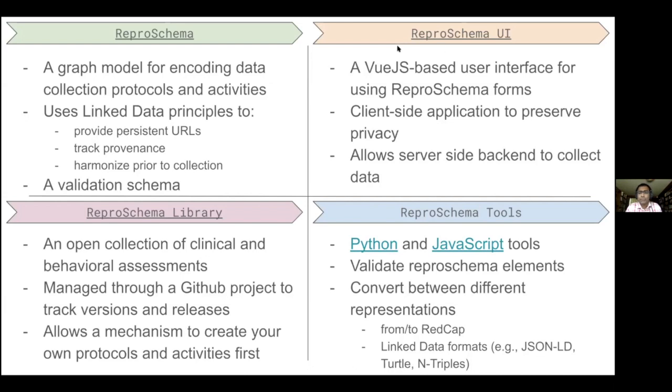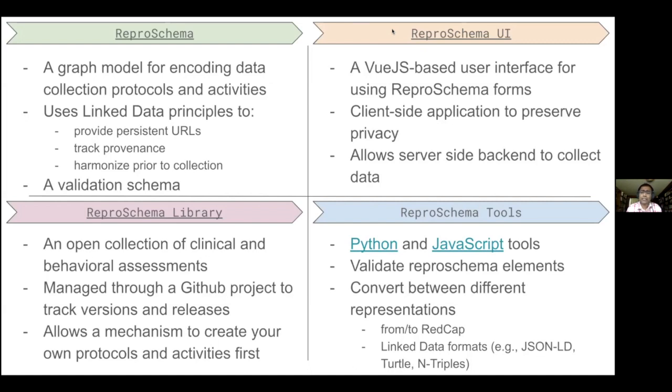And then we've developed a prototype UI to allow us to test out elements of the schema as we build it. This is based on a Vue.js interface, and it uses the ReproSchema to provide a data collection interface in the way you would fill out online forms. It is a purely client-side application to preserve privacy.